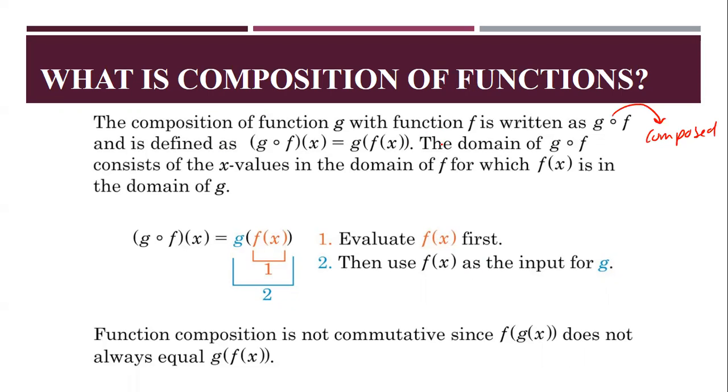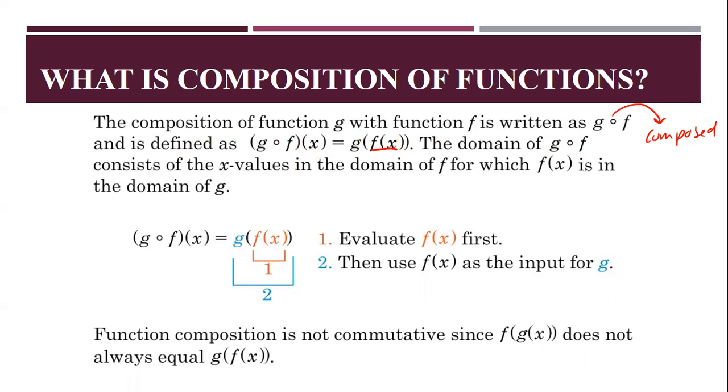So when you have this, what happens is you're putting a function inside of a function. So when it says G composed of F of X, that means I'm taking the whole function F of X and I'm plugging it into G. So what used to be X now becomes whatever F of X is, okay? The domain of G composed of F is going to be mixed with the values from F of X. So your domain is merging.